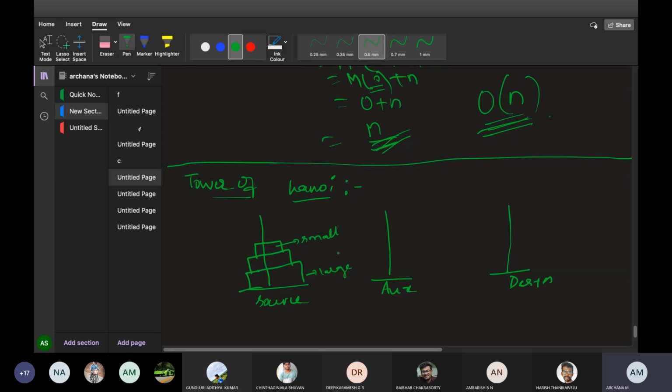Can a smaller disk sit on the large disk, or can a larger disk sit on the small disk? Smaller disk will sit on the larger disk. Only Vaibhav is answering. I don't know about the others.